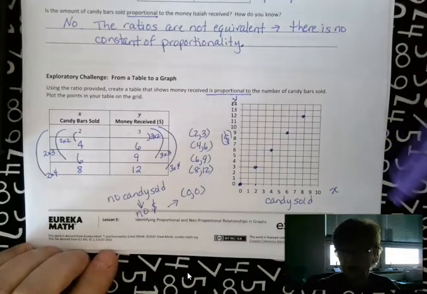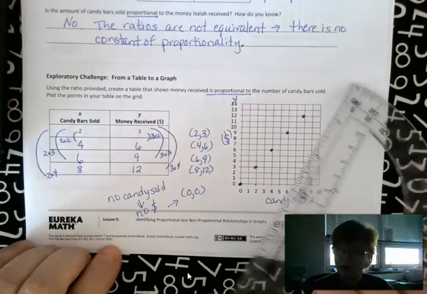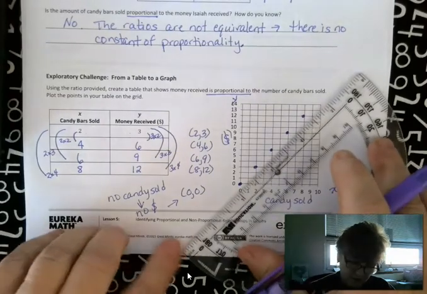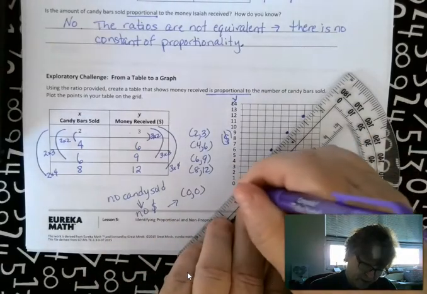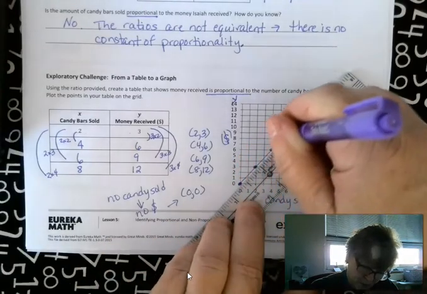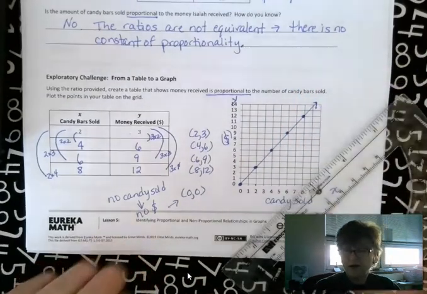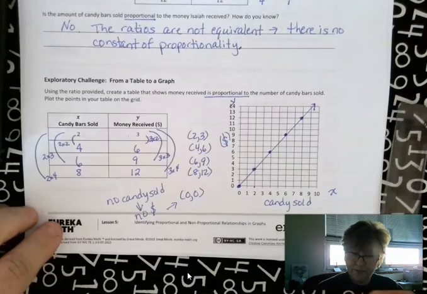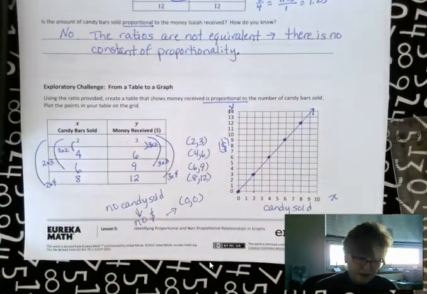Okay, so let's take a look at this. What do you think we're going to find when I actually connect these points? All right, connecting the points, and a straight line.